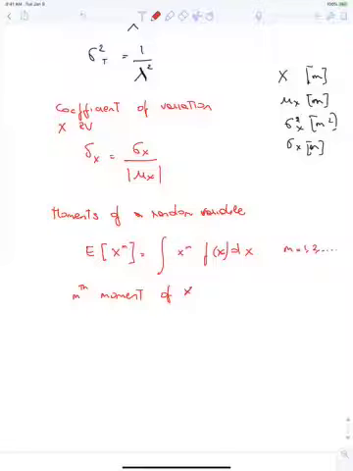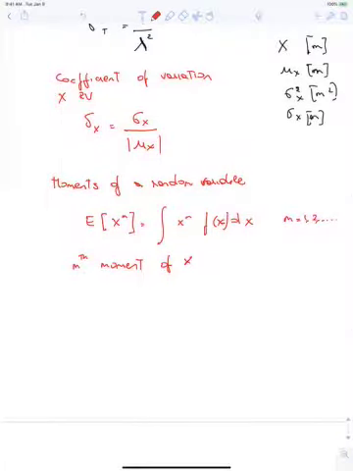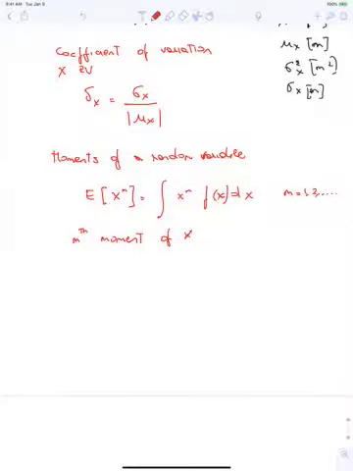And the first few moments provide useful information. Well, the first one is actually the mean, as we have seen. We also have what we call the central moments.